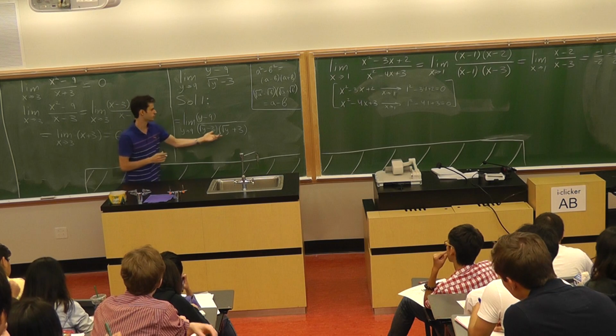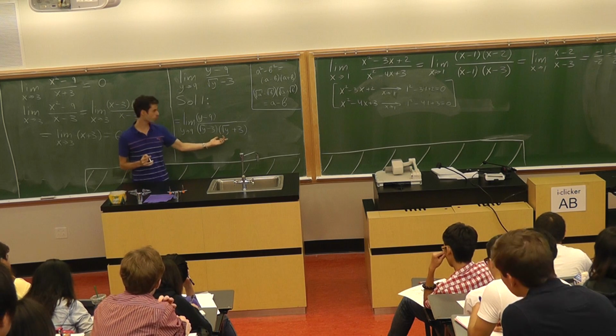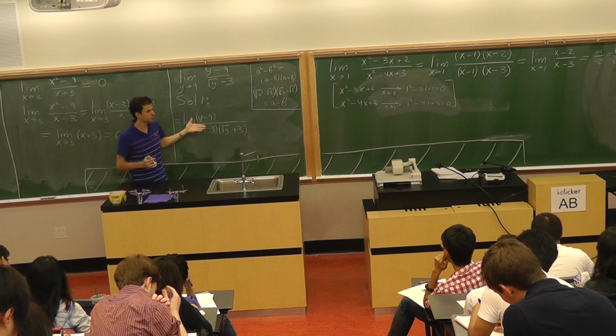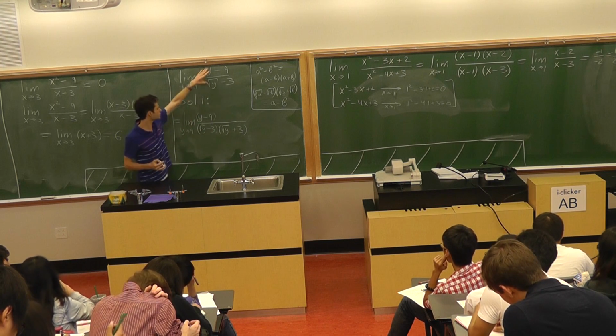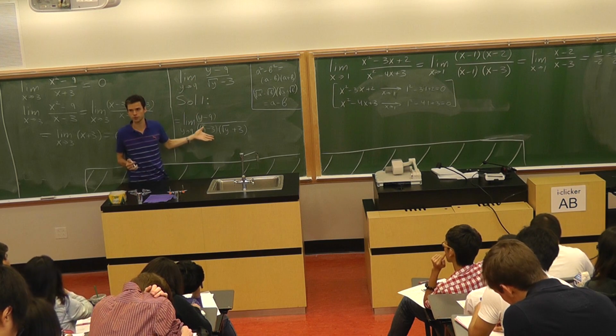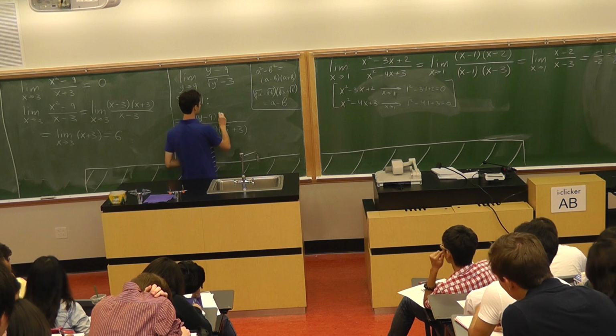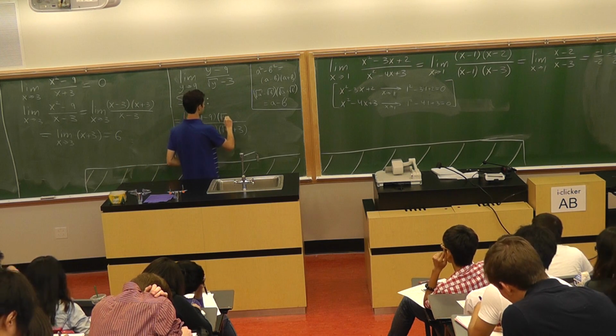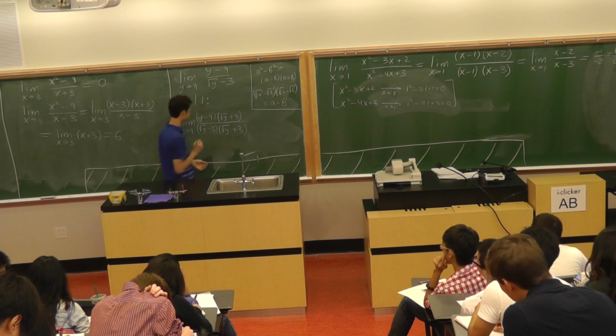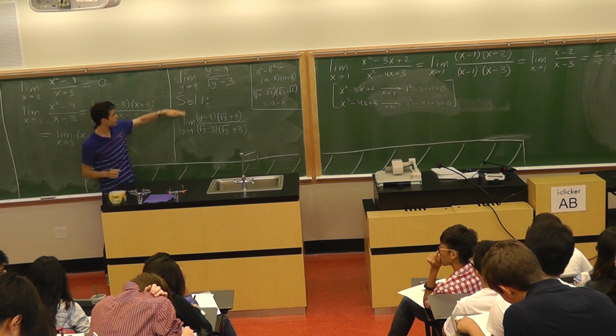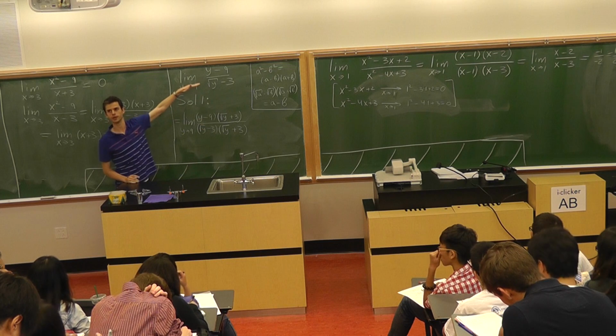Now, there is a problem with just doing this. I changed my expression. It used to be this one, now it's a different one. So to make up for this, I'll multiply by the same expression in the numerator as well. Now my expression is exactly the same.